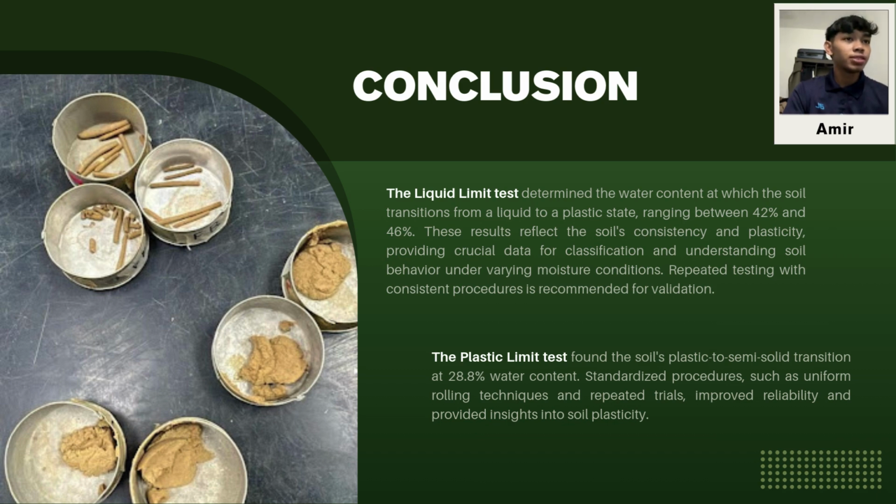Similarly, the plastic limit test identified the water content, which is 28.8%, where soil transitions from plastic to semi-solid state. Techniques like uniform rolling and repeat trials enhance accuracy, providing valuable insight into the soil plasticity.